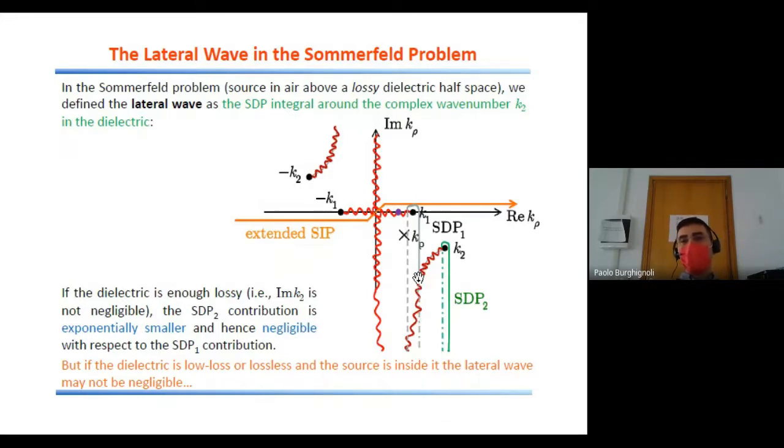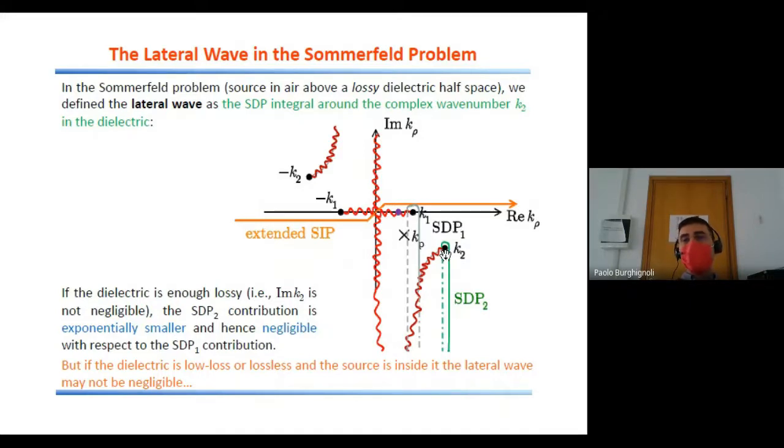So when the observation angle is pi/2, in this case, the steepest descent path that is used for the asymptotic evaluation is SDP1. However, the Cauchy theorem requires that we also detour around K2, and this produces an additional steepest descent path, number 2 in green here, which gives, however, typically a negligible contribution with respect to SDP1.